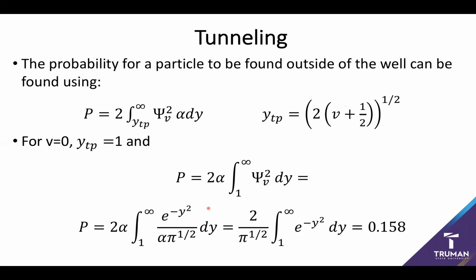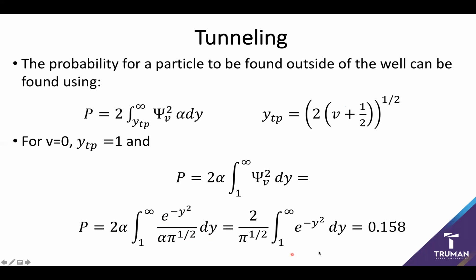This isn't too bad for the ground state, because our function is just going to be based on the exponential of the negative y squared over alpha root pi, dy. So our alpha is going to come out and cancel. Square root of pi comes out. That's fairly nice. And then I'm left with a numerical integral.